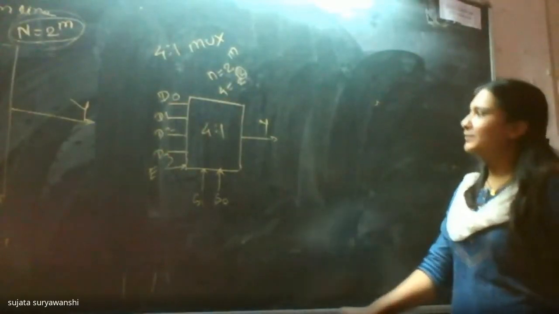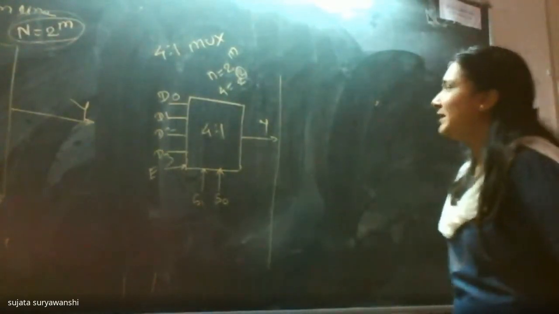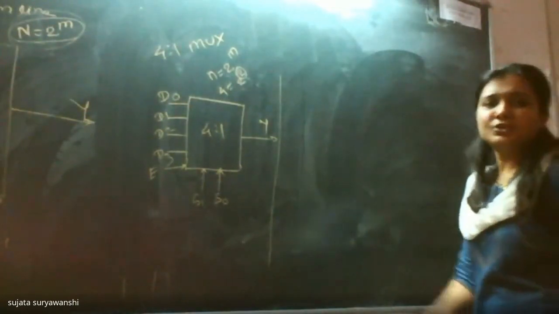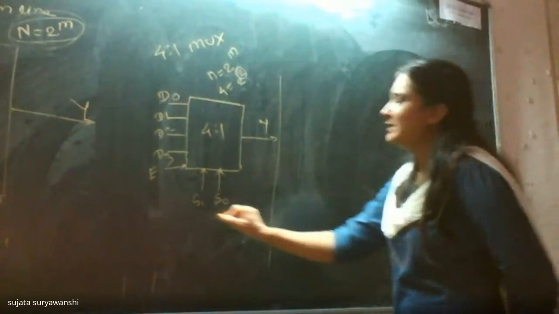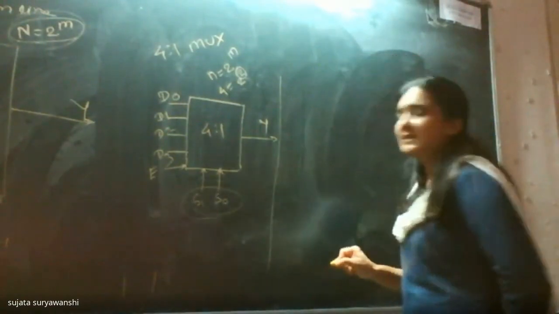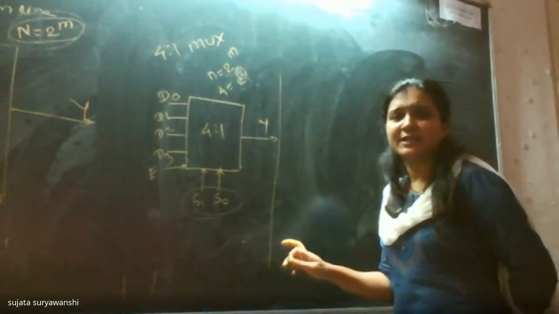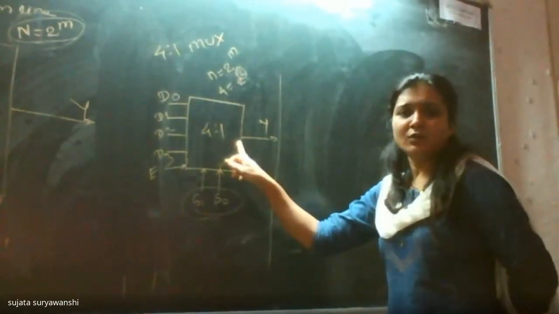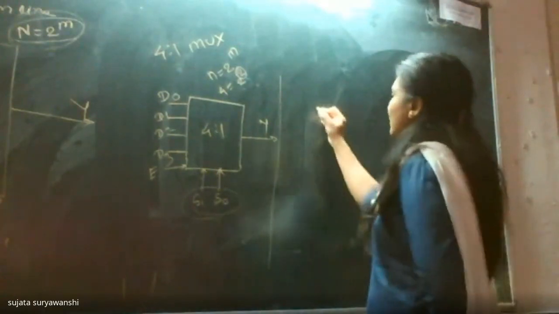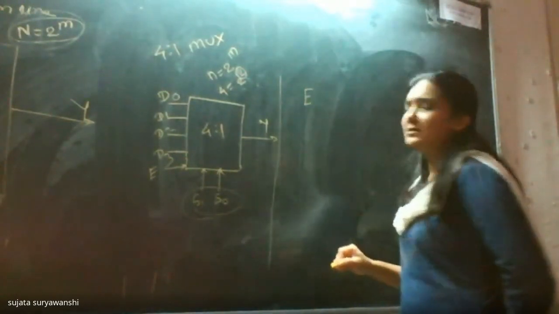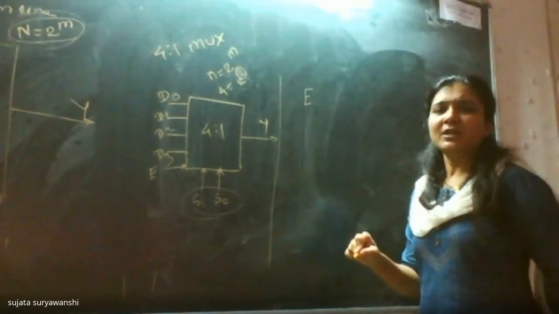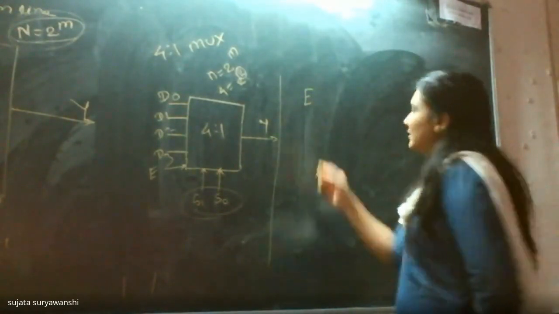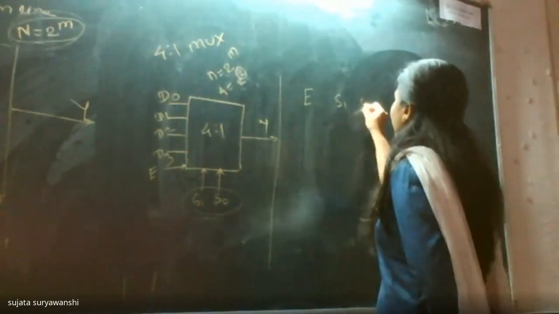So this is the block diagram of the 4:1 multiplexer, and now you have to write down the truth table for this. As per the combination of selection lines, a specific input line will get connected to the output line. Here enable is the variable which will enable your multiplexer.